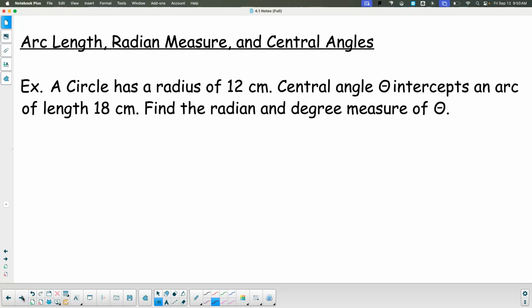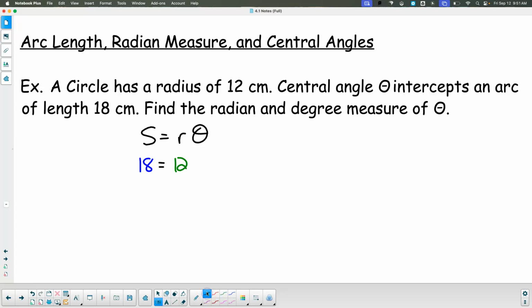So, if a circle of radius 12 centimeters and the central angle theta intercepts an arc of length 18 centimeters, we want to find the radian and the degree measure of theta. Okay? All right? So, we would use S equals R theta. S, the central angle arc length, is 18. My radius is 12.